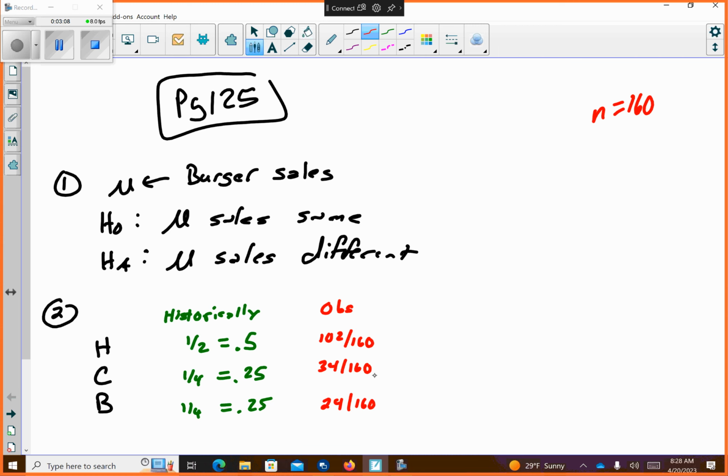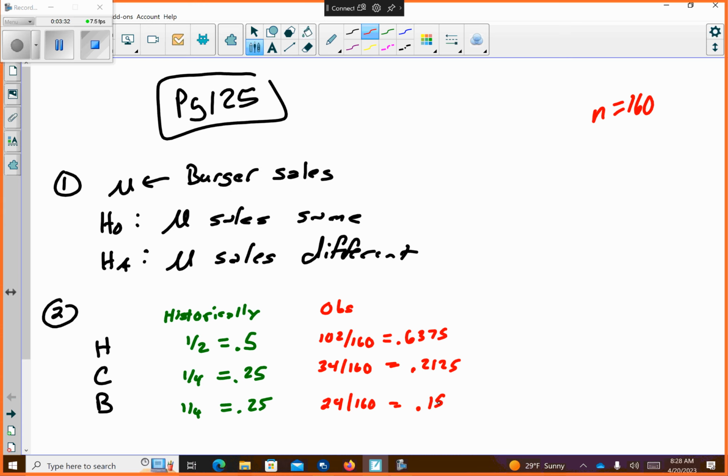So 102 divided by 160 comes out to 0.63375. 34 divided by 160 is 0.2125. And 24 divided by 160 is 0.15.